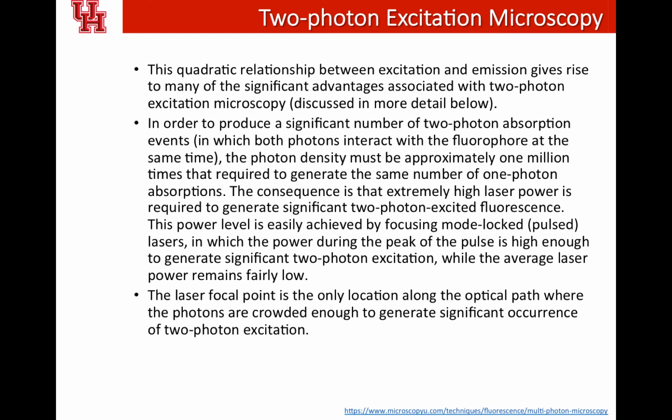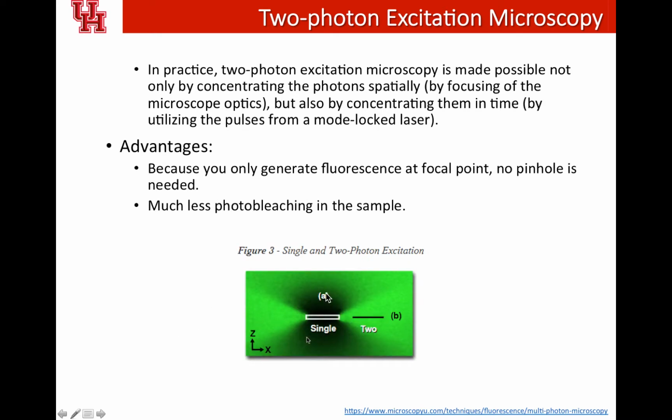And also because of the square relationship with the excitation light, the off-focus regions on top and bottom will have really small absorption or re-emission, because the chance of two photons hitting the same molecule decays really fast with the square of your excitation intensity. So you only excite a really small region.